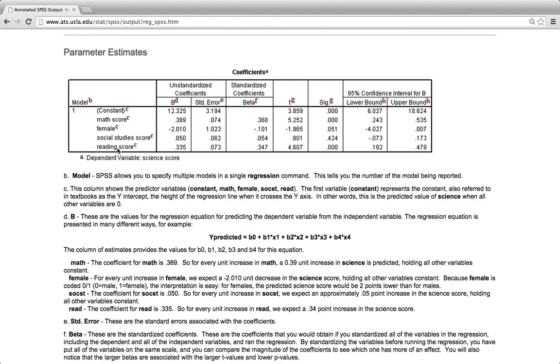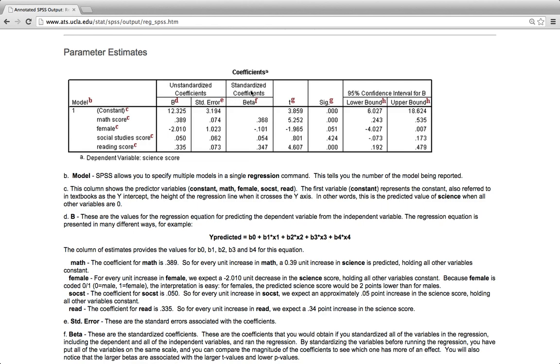And the thing that I like about SPSS, maybe above R, is the compact presentation of the parameter estimates. So what we have here is we can look at the unstandardized coefficients along with what they call beta, which is convenient familiar notation we've used in matrices, and it provides the standard error.